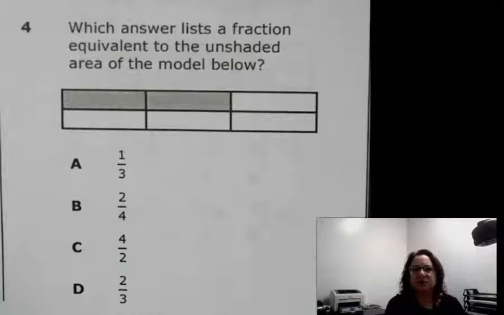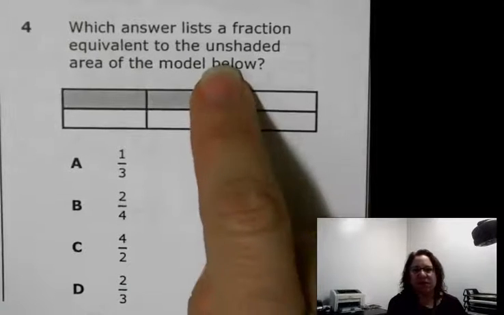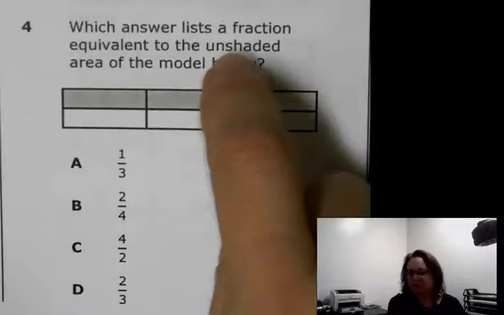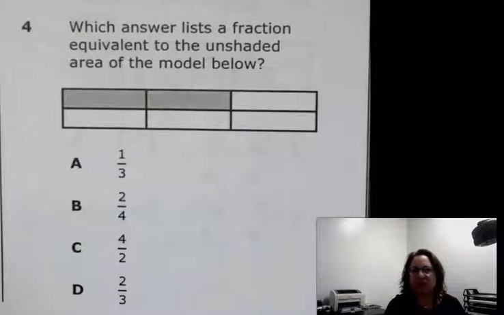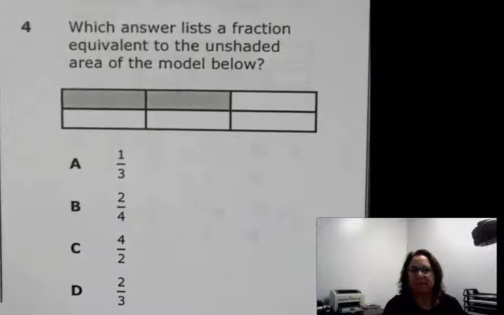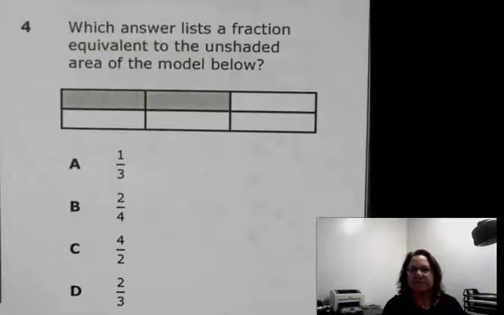All right, let's check out question number 4 here. Which answer lists a fraction equivalent to the unshaded area of the model below? Ooh, that's important. The unshaded area. Okay, so what's our denominator going to be? 1, 2, 3, 4, 5, 6.